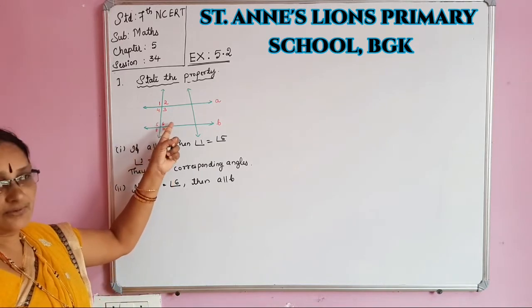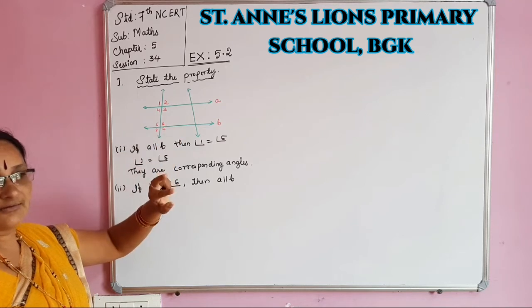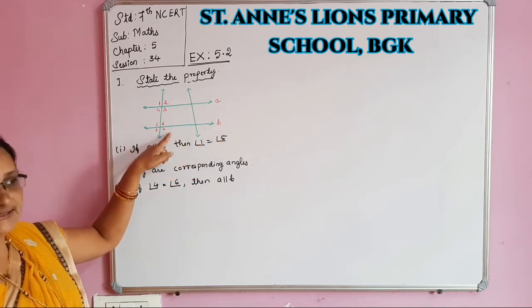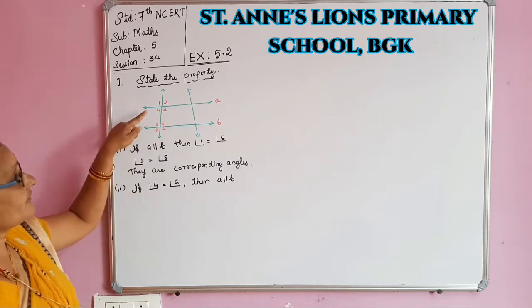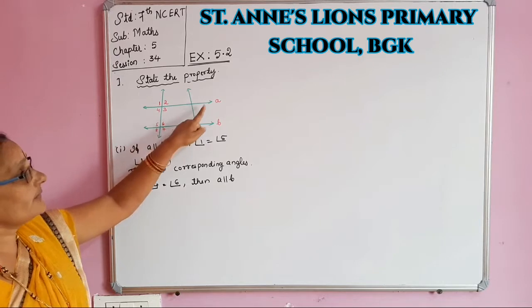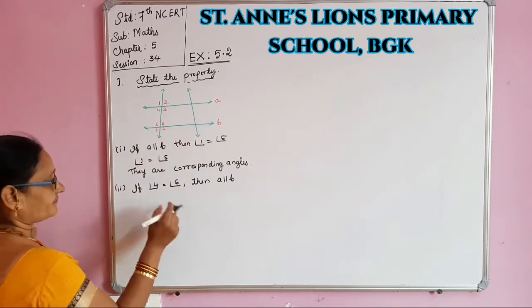If these two are equal, this is vice versa. When A is parallel to B, angle 4 equals angle 6. Sometimes, if alternate angles are equal, it means the given lines are parallel.